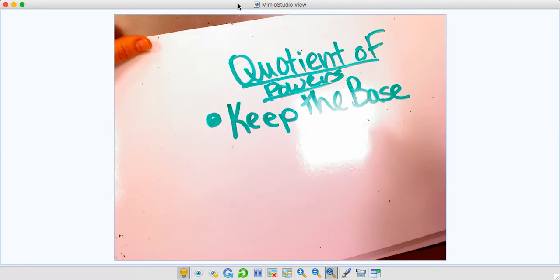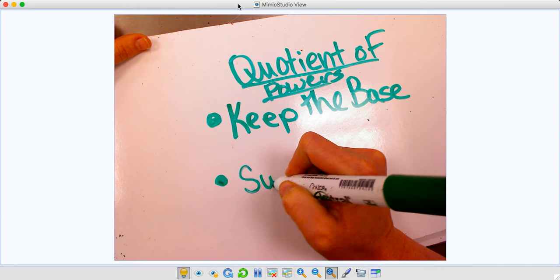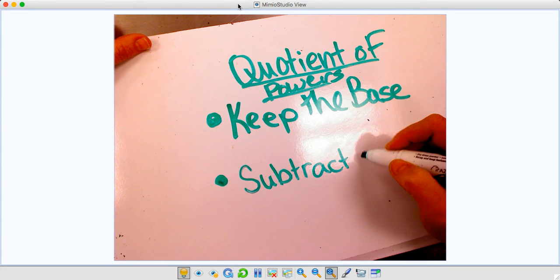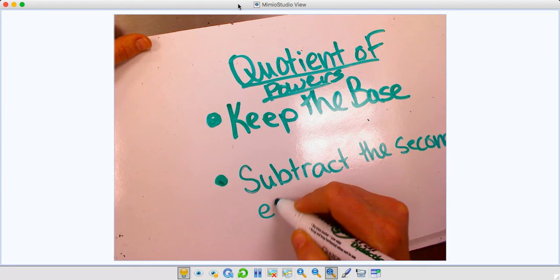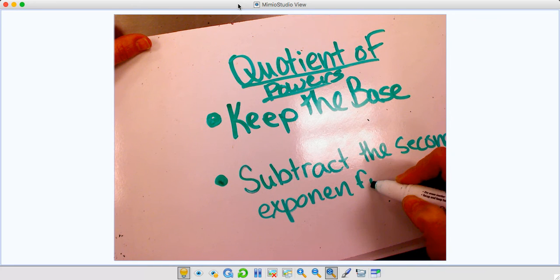You keep the base, and you subtract the second exponent from the first. Order is really key here.